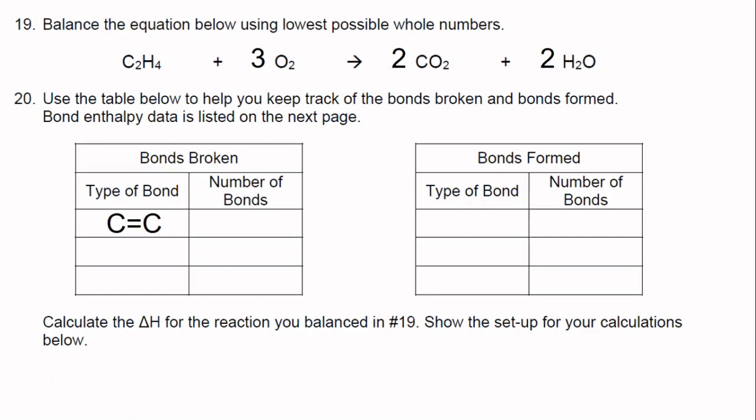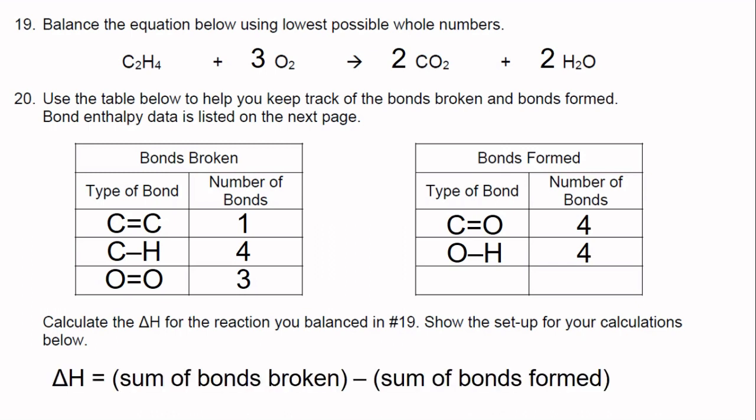So I'm breaking a C=C double bond, 4 C-H single bonds, and 3 oxygen-oxygen double bonds. That's what I'm breaking. The bonds I'm forming include 4 carbon-oxygen double bonds and 4 O-H single bonds. So you might have to draw these molecules out to convince yourself what kind of bonds you are breaking and forming. Let's go find these values for bond enthalpy in the table.